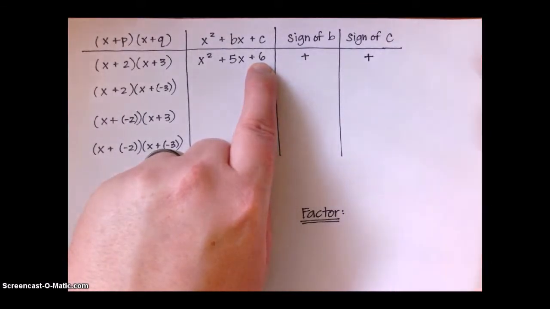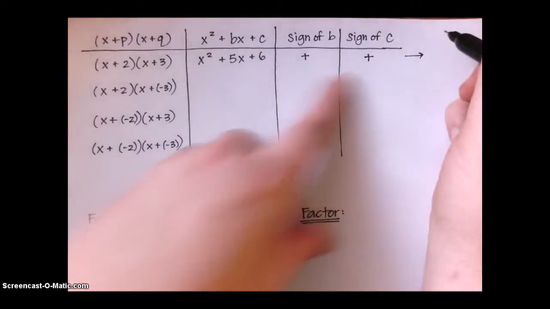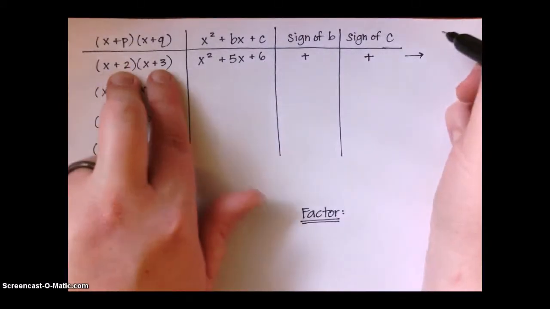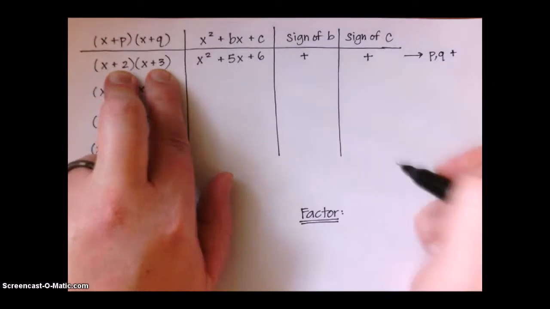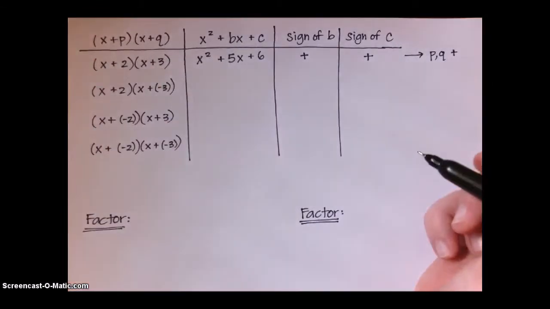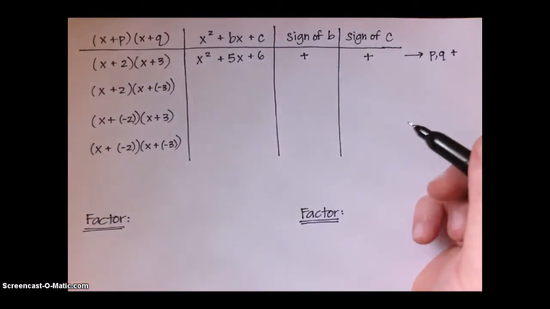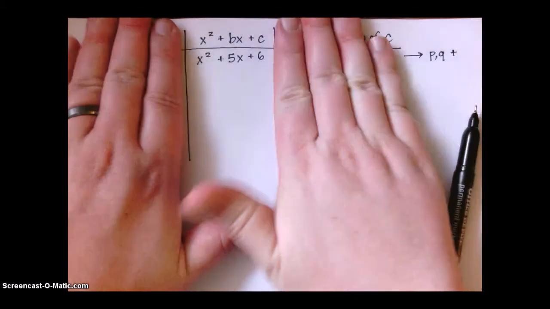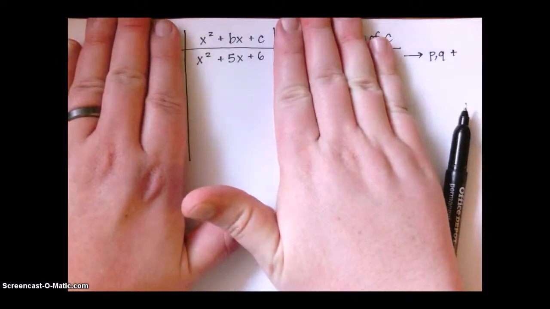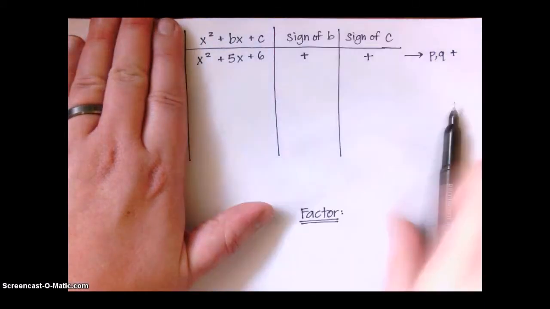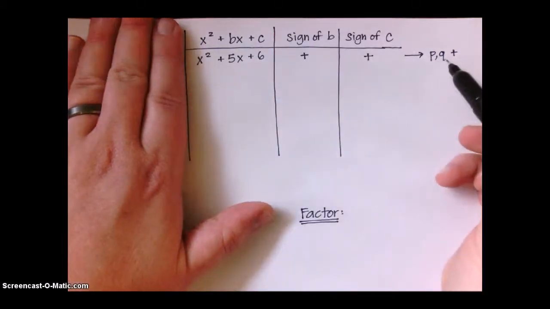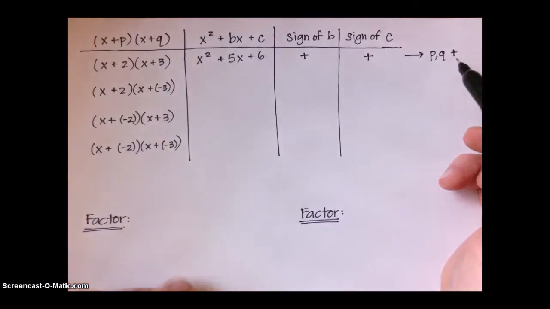So what this is telling me is that when both b and c are positive, I can look back. Well, guess what? The p and the q were both positive as well. Okay, this is really going to help you out, all right? Because you're really only going to start with this. So if you can see that both the b and the c are positive, then we know that the p and the q, the numbers we're looking for, will also be positive.